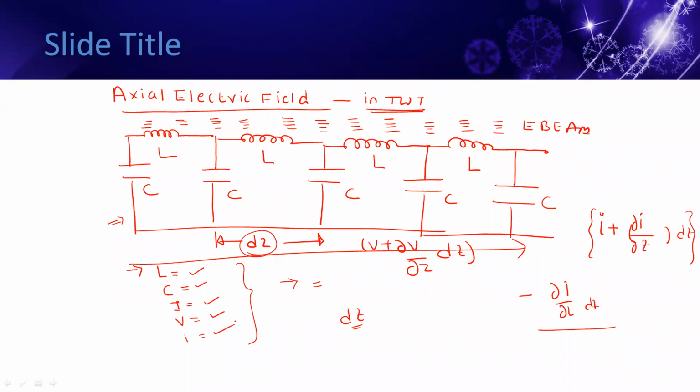With this knowledge, we are able to write the fundamental equation: dou I by dou z equals minus C dou V by dou t minus dou I z by dou t. So this is the primary equation, and then we can incorporate this equation with the propagation constant.